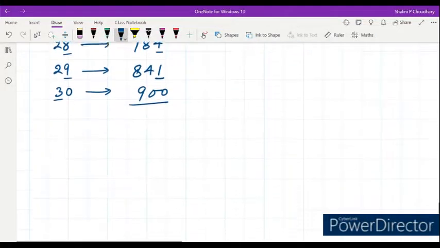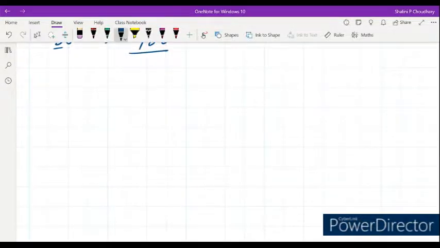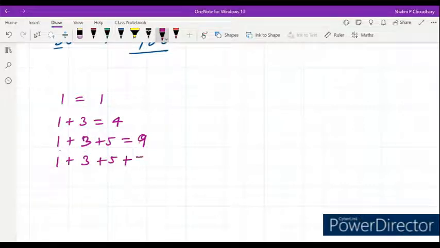Got it? Okay, now one more trick we will see. And what is that? If some numbers are given like 1, so that will be equal to 1. 1 plus 3, that will be equal to 4. 1 plus 3 plus 5, that will be equal to 1 plus 3, 4, 4 plus 5, 9. 1 plus 3 plus 5 plus 7.